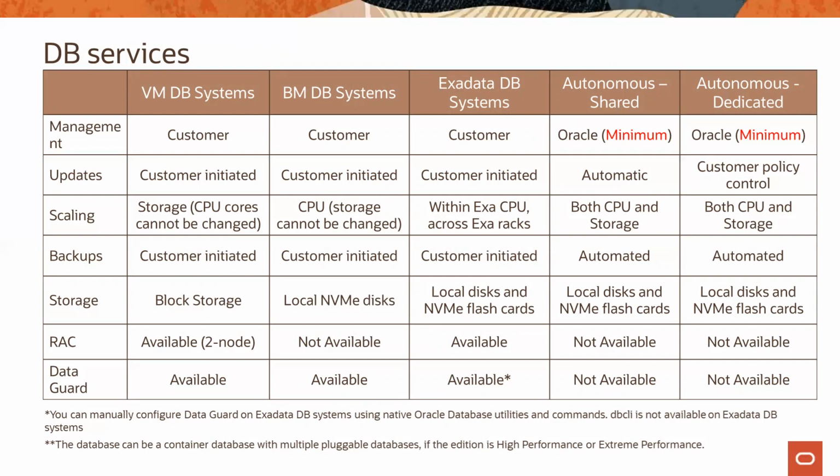In bare metal, you upgrade the CPU online. In Exadata, you can upgrade within the Exadata rack. In autonomous, you upgrade both CPU and storage online. Also, for rack options, it's either the VM, the DB systems, or Exadata. And Data Guard is not supported yet on autonomous database. So just review this table and be sure that you understand the different services.